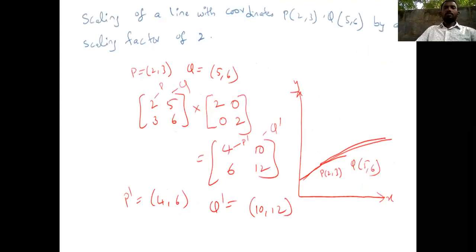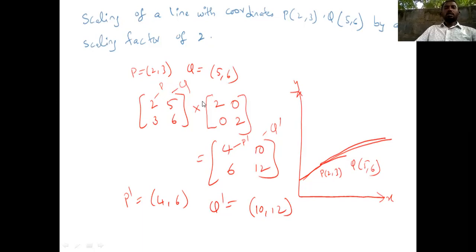Next, see here. So these are the scaling ones. The scaling factor is 2 and 1. So it is the given problem with these values: P is (2, 3) and Q is (5, 6).